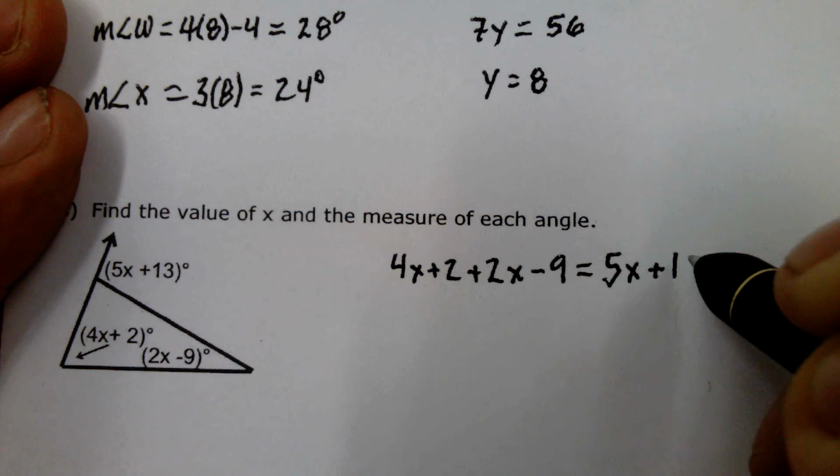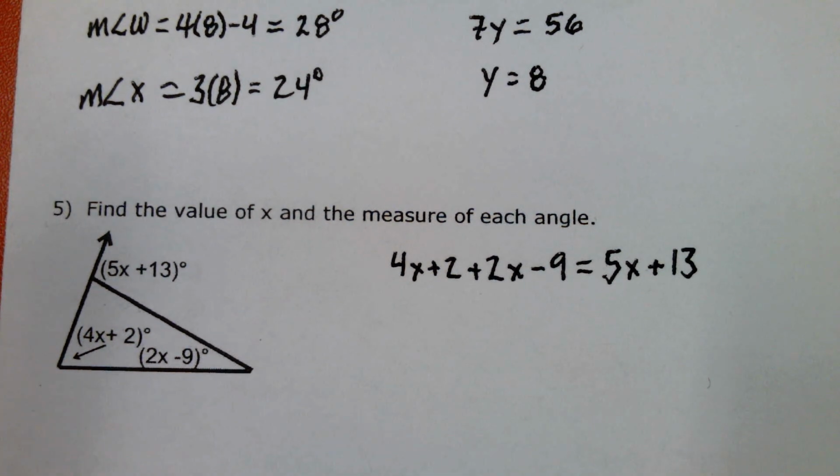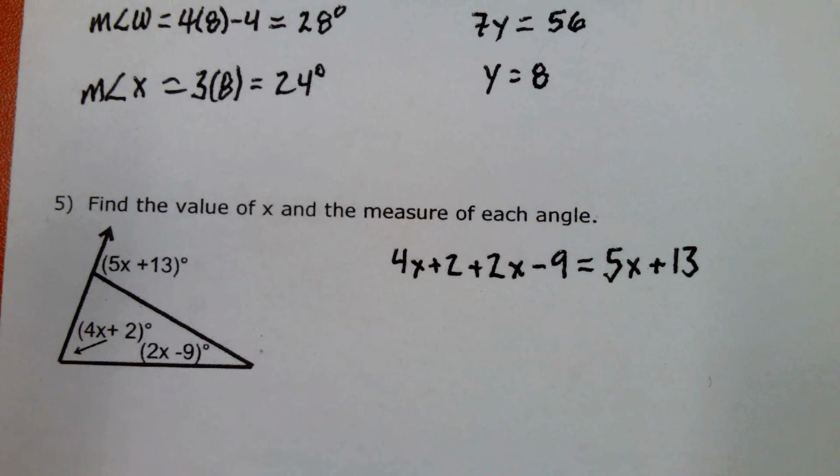So basically, the sum of the two remote interior angles equals the exterior angle. All right. Use that to figure out what x is, and then use x to figure out these three unknown angle values.